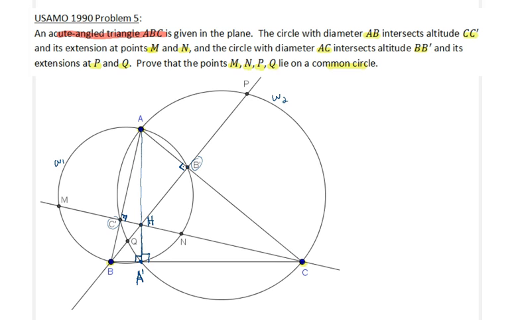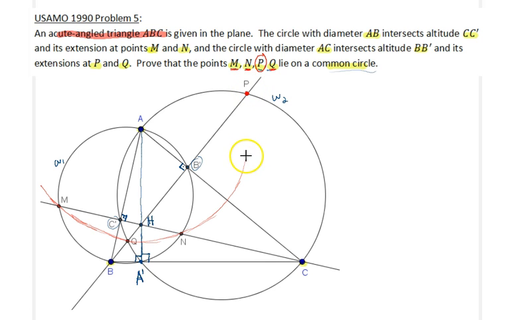Now finally, we would like to show that these 4 points M, N, P, and Q lie on a common circle. Let's use our radical axis theorem again. So let's start by considering the circumcircle of triangle MQN. I would like to show that this circumcircle, which goes through these 3 points M, Q, N, would in fact go through point P as well.